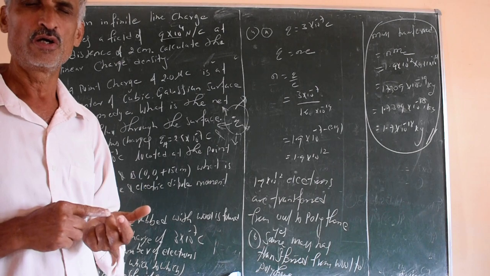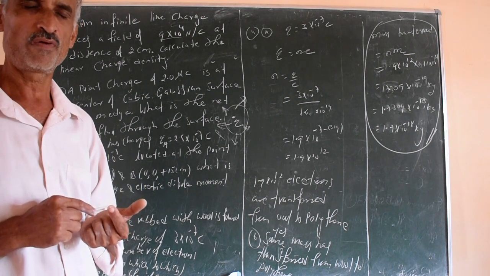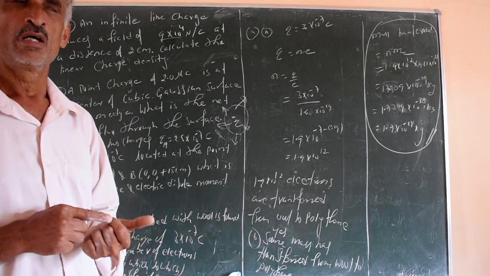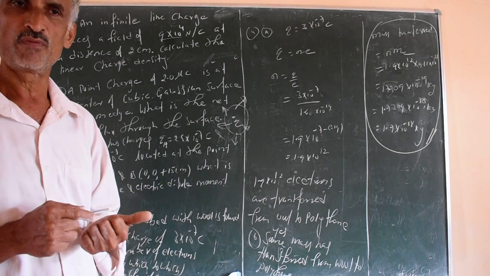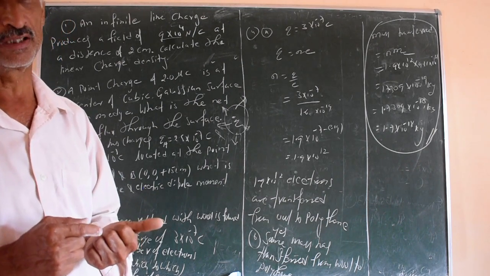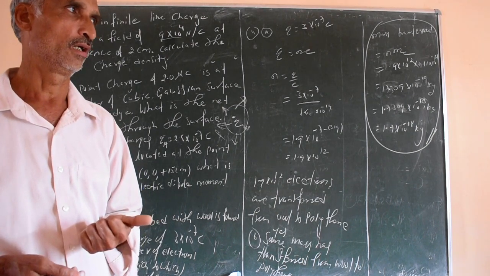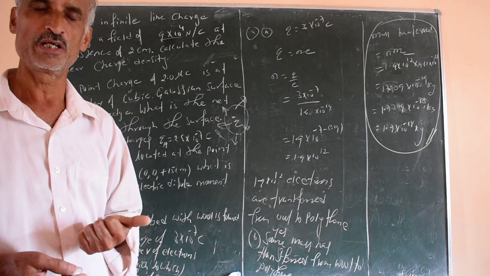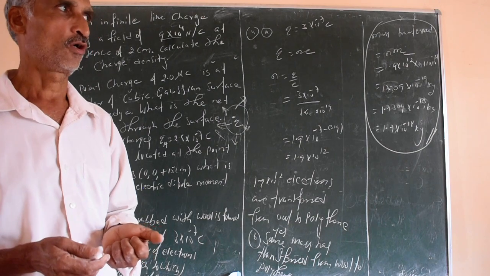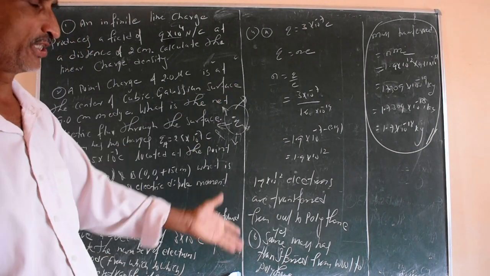Electric field due to an infinitely long uniformly charged line conductor wire, or electric field due to an infinitely long uniformly charged plate. The field E bar is sigma upon 2 epsilon naught into n cap. For a wire conductor, E bar is lambda upon 2 pi epsilon naught into r.